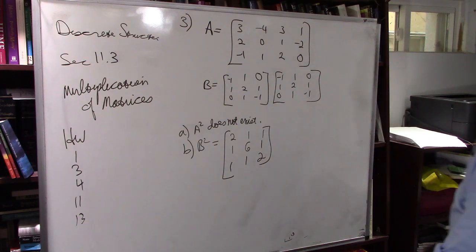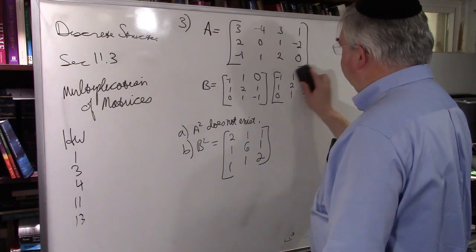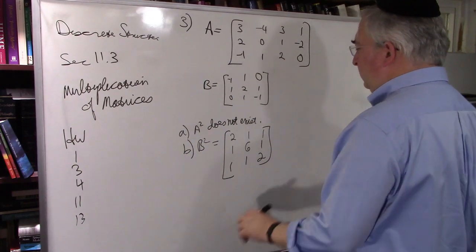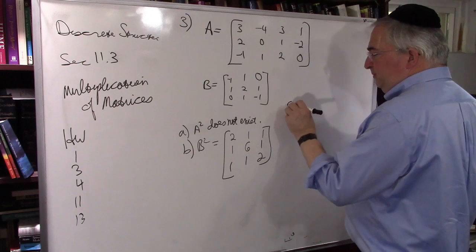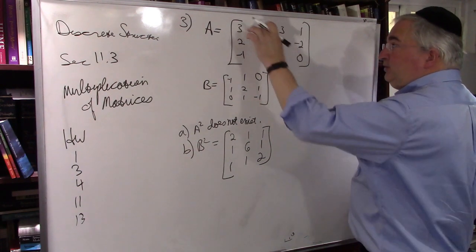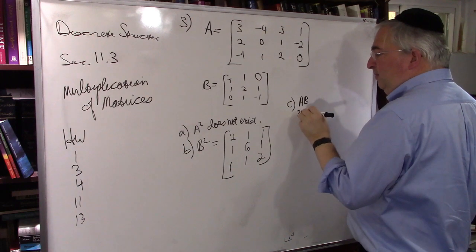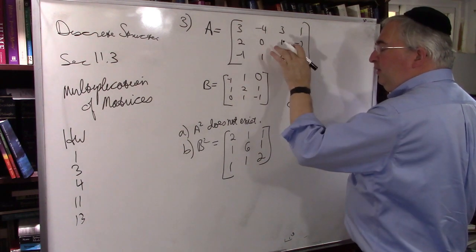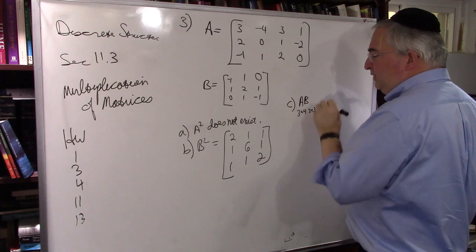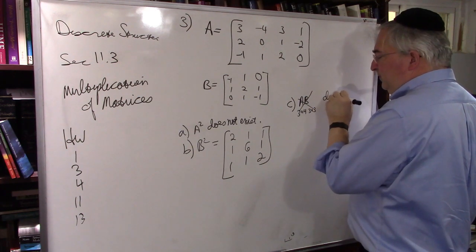Okay, AB. Let's do AB. This is part C. Let's just make sure we got this right. This is a 3 by 4. Right? This is a 3 by 3. Doesn't work. Does not exist.